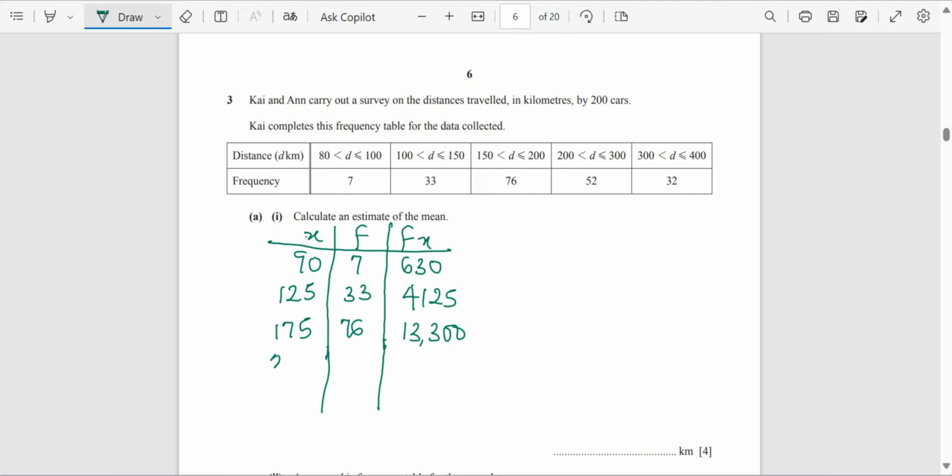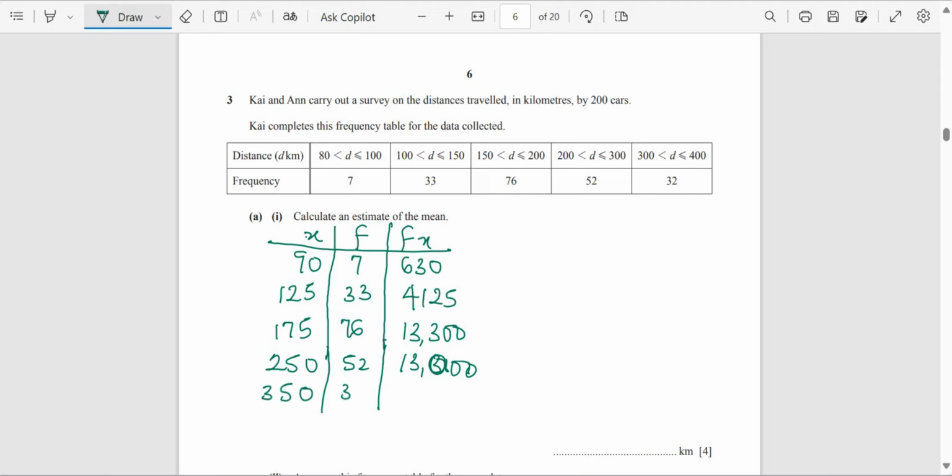That is going to give us 250. The frequency is 52. So when you multiply that by 52, we have 13,000. Then lastly, we have 300 plus 400 divided by 2, and that will give us 350.